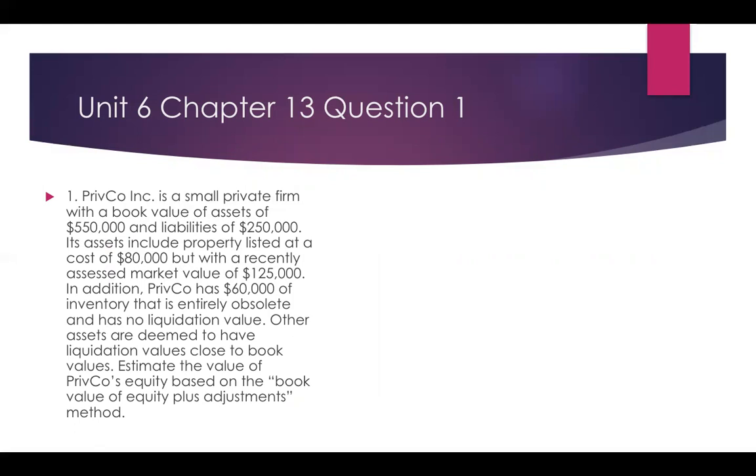In addition, Privco has $60,000 in inventory that is entirely obsolete and has no liquidation value. Other assets are deemed to have liquidation values close to book values. So ultimately, we want you to estimate the value of Privco's equity based on the book value of the equity plus adjustments.